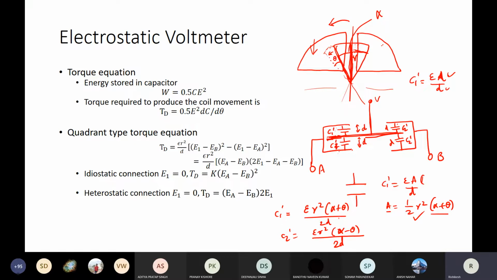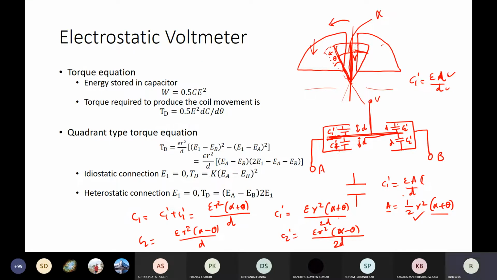So when two capacitances are in parallel, what is the effective capacitance? Add them and you will get it. So C1 dash plus C1 dash, the total capacitance C1 becomes epsilon r square (alpha plus theta) by d. Similarly, C2 is epsilon r square (alpha minus theta) by d.